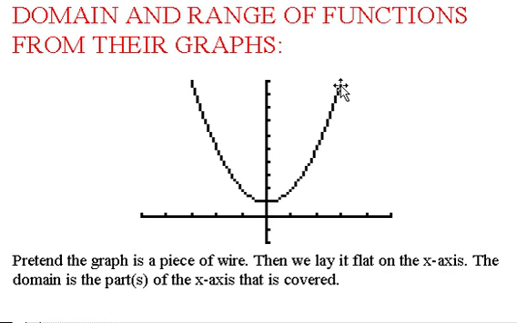But if we take the ends of the graph and lay it flat, pull these down, and pull this end down, we will get the graph to cover the whole x-axis. So this graph will cover the whole x-axis because when you lay it flat out, it's going to be a straight line.